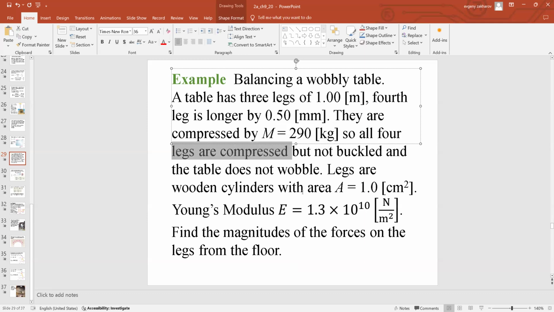You will put some stress, and stress will create some strain. Specifically for this time, it's going to be compression. And if legs are made of wood and they're approximately cylinders, then here's the Young's modulus for the wood that you borrow from the table in the textbook. And the reaction forces on the legs from the floor is the question.